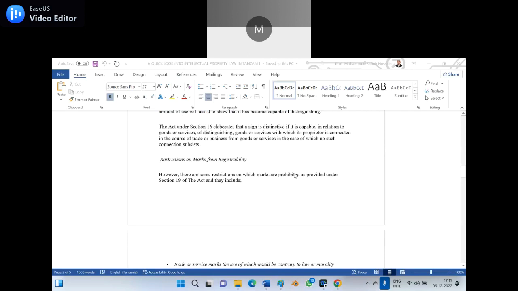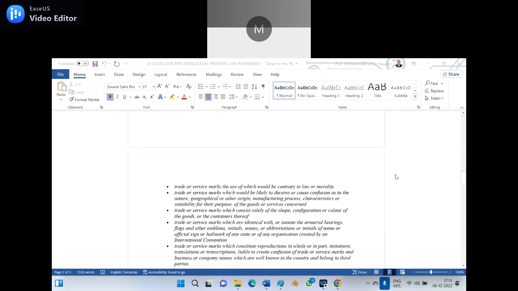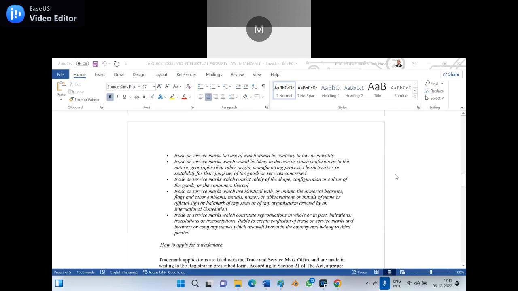Restrictions on the marks from registrability. Can you register each and every mark? The answer is no. There are some restrictions on which marks are prohibited, as provided under Section 19 of the Act, and they include, the first bullet: trade or service marks, the use of which would be contrary to law or morality.